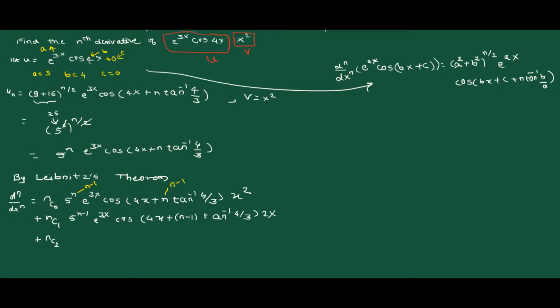Now in place of this n minus 1 you can write it as n minus 2. So 5 raised to n minus 2 e raised to 3x cos(4x plus (n minus 2) into tan inverse b by a, the value is 4 by 3) into the differentiation of 2x, which is equal to 2.